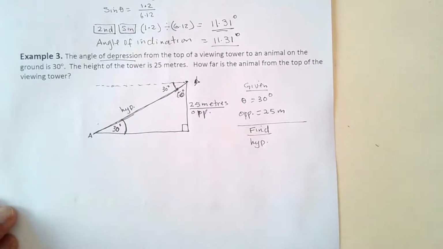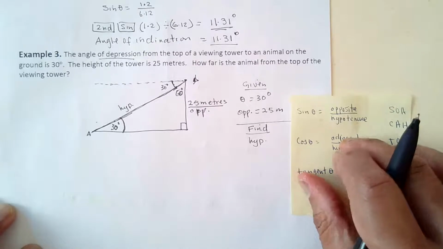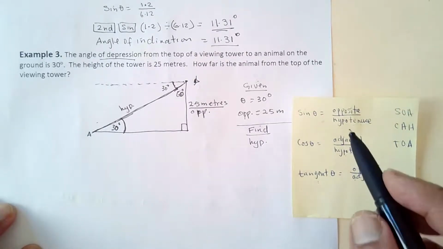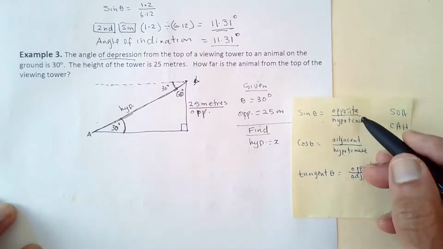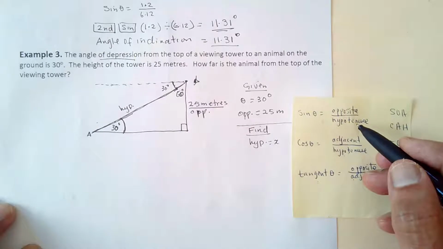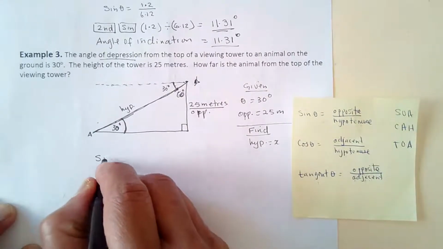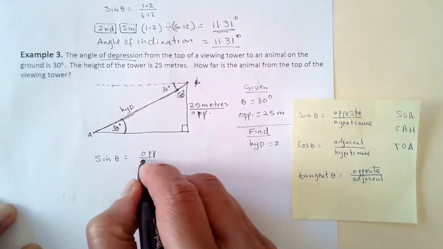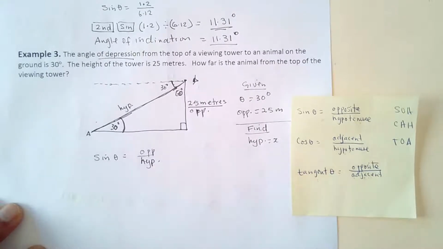So there we go to our trig ratio again. Where do we see opposite and hypotenuse? Opposite hypotenuse is sine. So we'll use a sine ratio. But sine theta is opposite over hypotenuse.